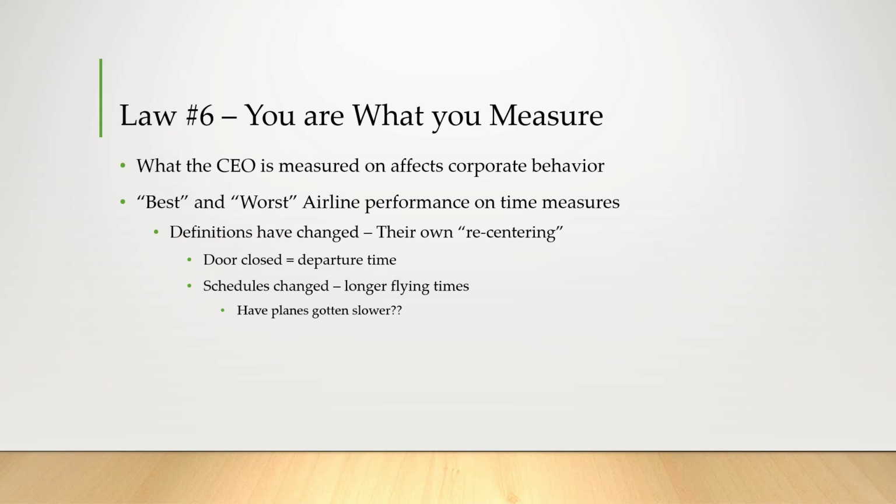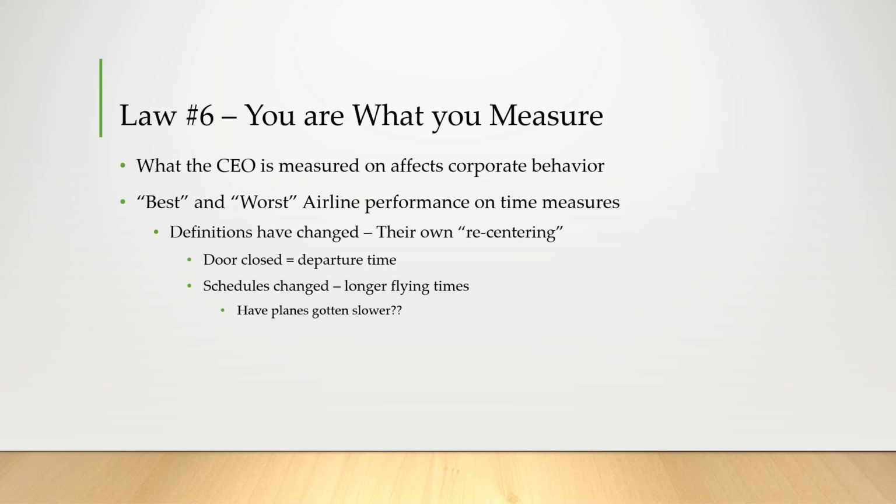Your stockholders and your shareholders don't necessarily care why that loss is there, but that's what the CEO is measured on. So one of the things we want to talk about is airline performance, which is a good example of it.